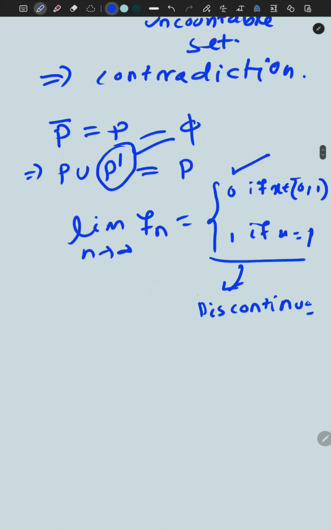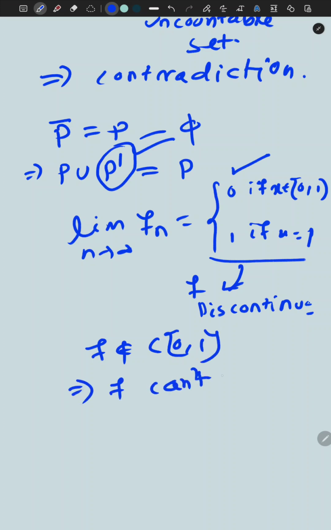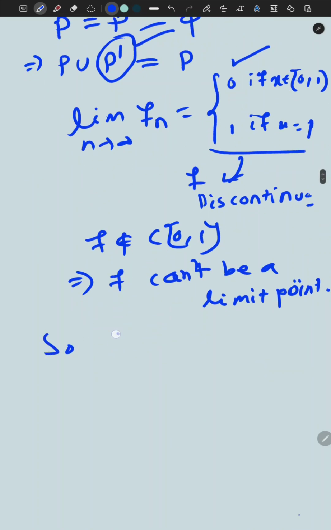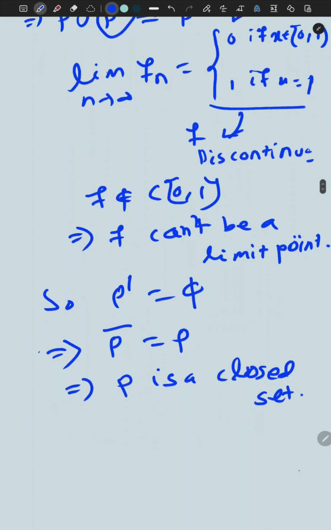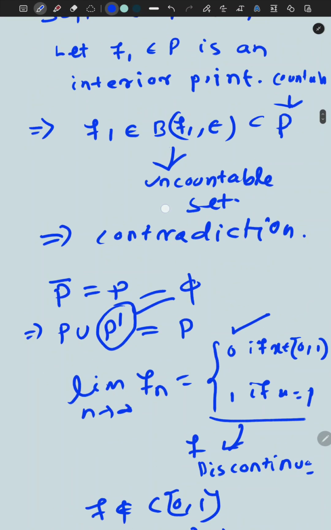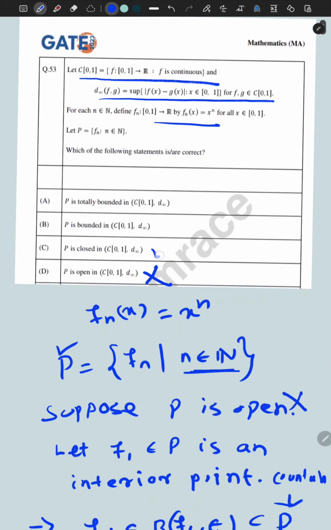If we call it f, then f does not belong to C[0,1], meaning f cannot be a limit point. So P dash equals phi implies P closure equals P, which implies P is a closed set. Our set P has no limit point, so P is a closed set. Therefore option C is true.